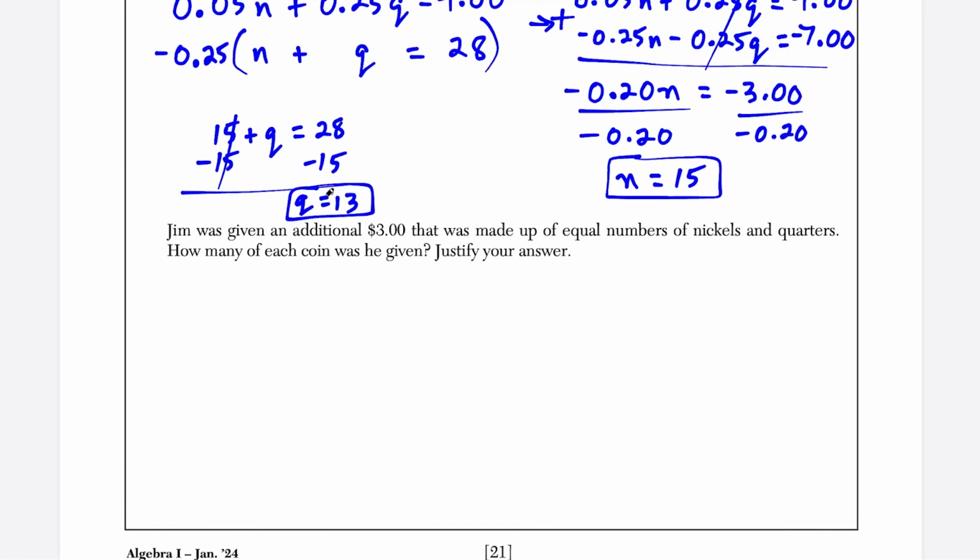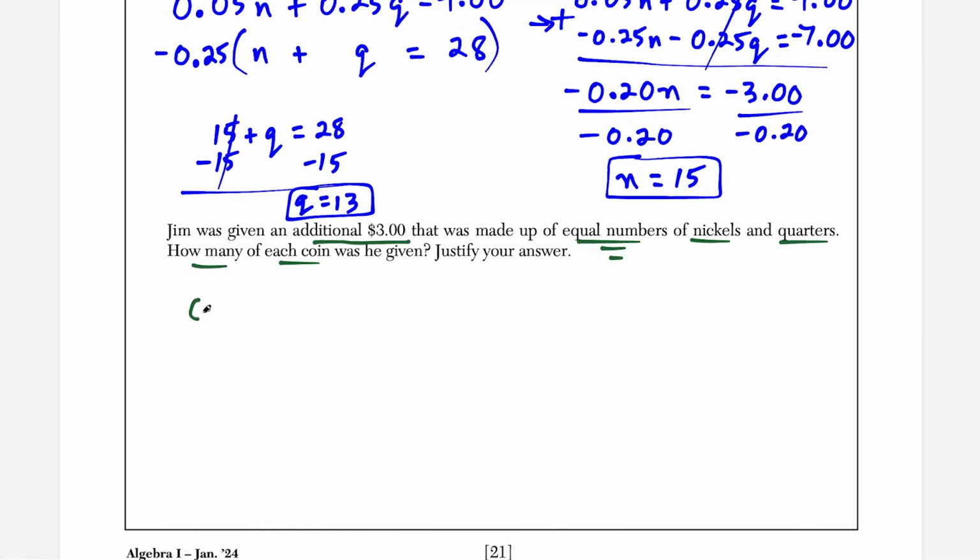So now for the last part of this question, we have Jim was given an additional $3, which was made up of equal numbers of nickels and quarters. And we want to know how many of each coin was he given, and we have to justify our answer. Well, let's say that he was given x nickels and x quarters, okay? Because we were told that he was given equal numbers of nickels and quarters.